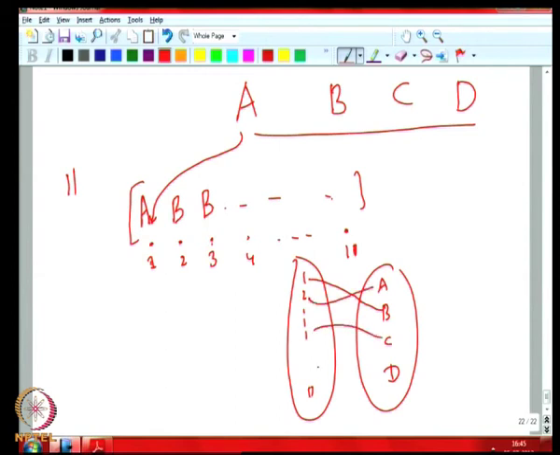Clearly, this is a function because each person is assigned to a subdivision, and the same person is not assigned to more than one subdivision. One person can be assigned to only one subdivision, and each person has to go to a subdivision. So, this is a function from the set of 11 to A, B, C, D.